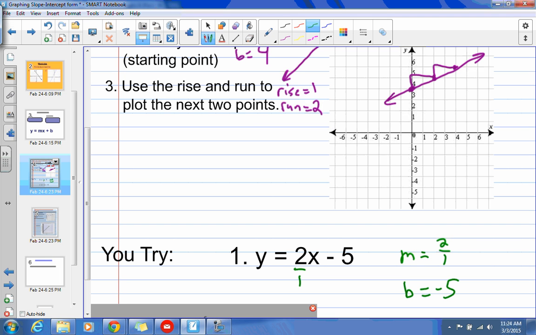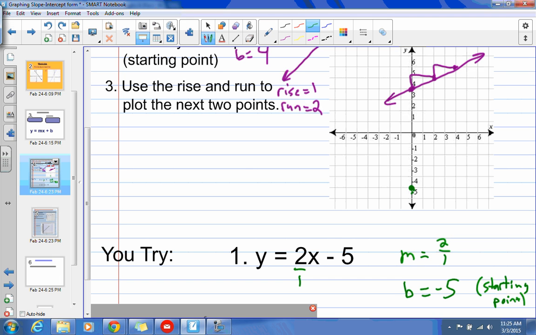So you start by plotting that starting point, the negative 5. Let's put it right here on the y-axis: 1, 2, 3, 4, 5. That'll be right here.